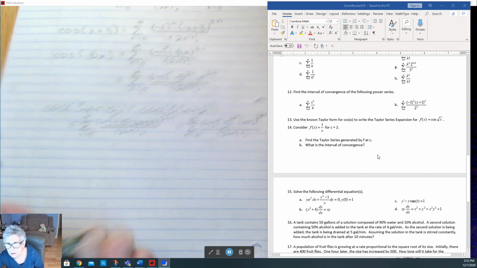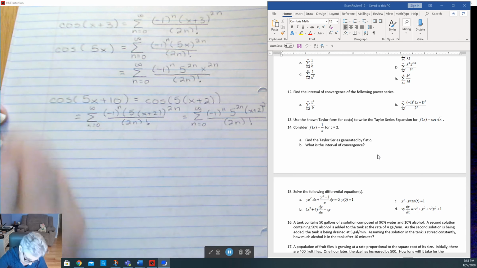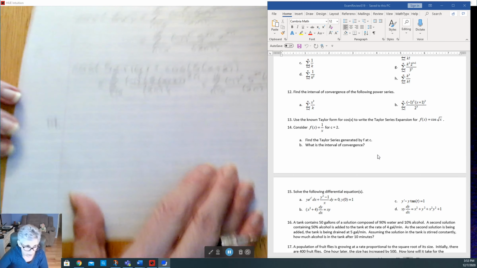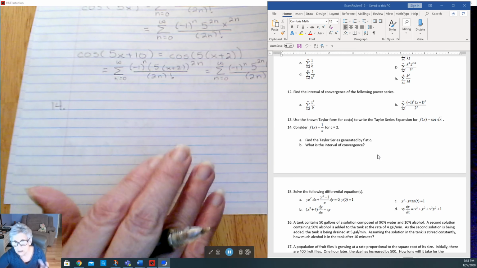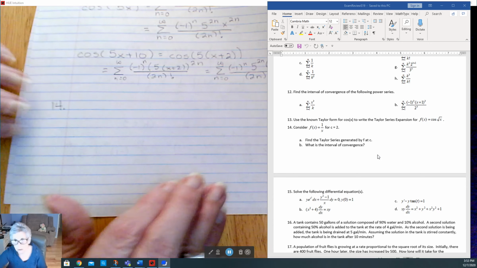Number 14, we have f of x is equal to 1 over x, and we want to find the Taylor series generated by f at c. So first we just think about Taylor polynomials, because Taylor series are just never-ending Taylor polynomials.